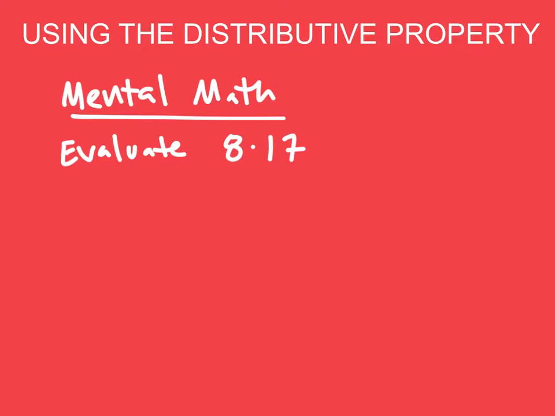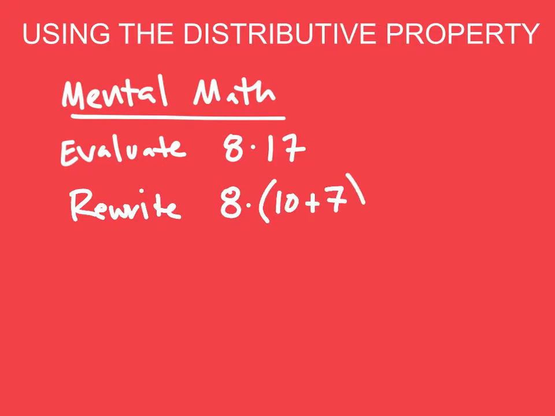is, like if I wanted to evaluate and multiply 8 times 17, those numbers are pretty hard to do in my head. But what I can do is I can rewrite this using parentheses. All right, so let's rewrite this, and I would rewrite this as 8 times the quantity 10 plus 7.